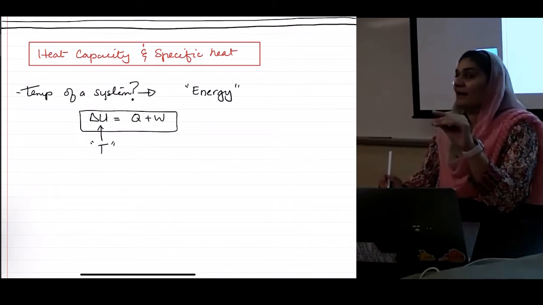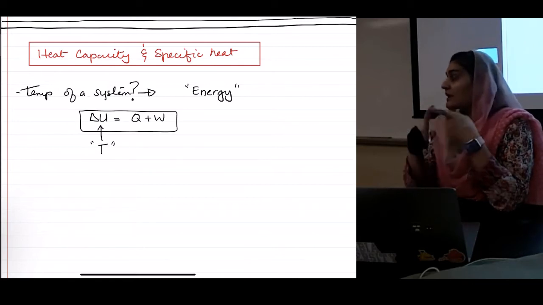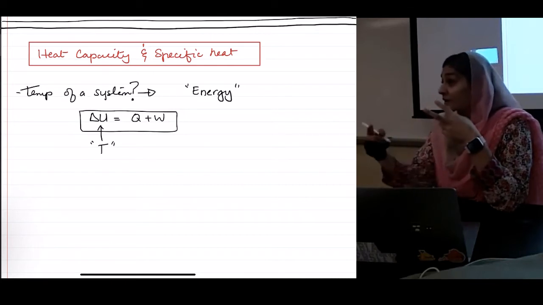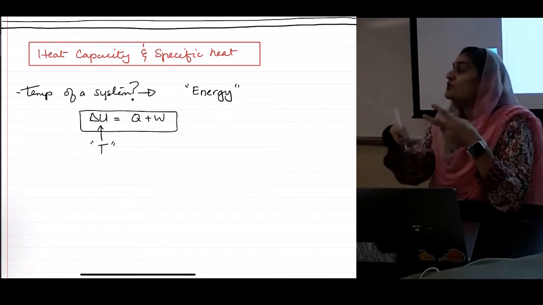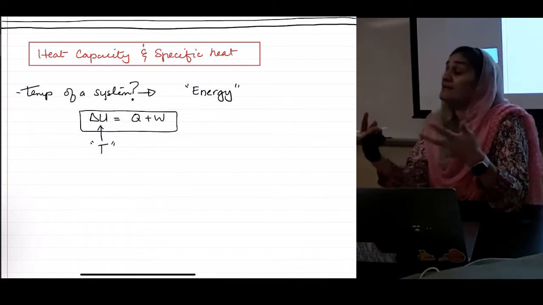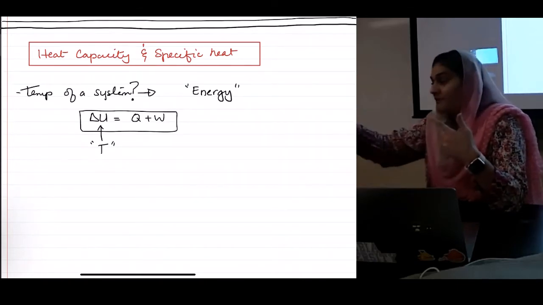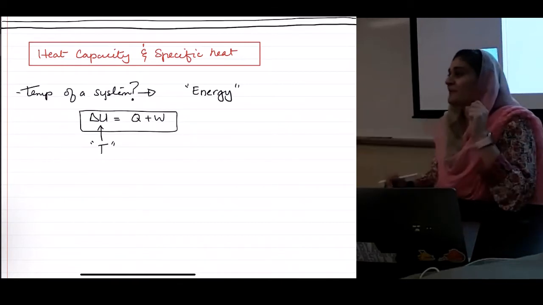I can do it by adding heat to it, or what I will call compressional work, right? So I can either do work on the system by compressing it, decreasing the volume. All of those make sense. I'm just trying to get you to think of them in the right terminology, right?